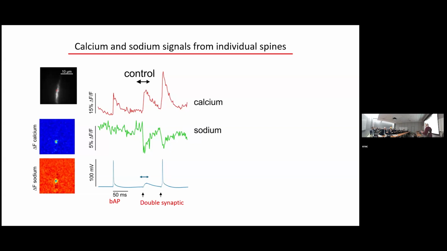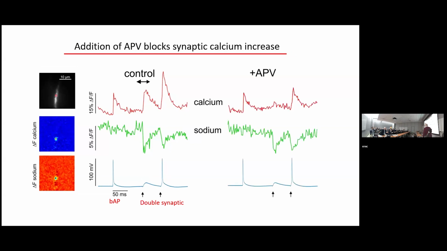Okay. So then we put on a classic synaptic blocker, APV, which is a blocker of NMDA receptor channels. And what we see is that you don't see much change in the electrical response, and that's because most of the electrical response is generated from activation of the AMPA receptors.